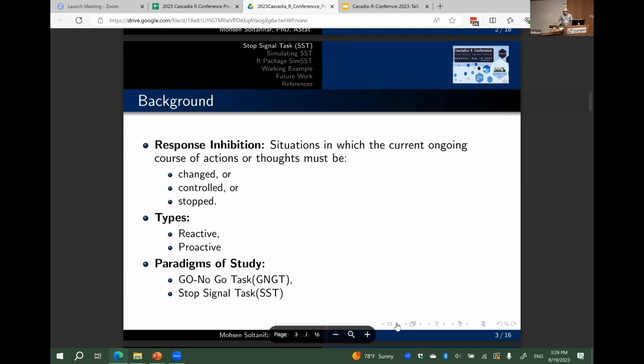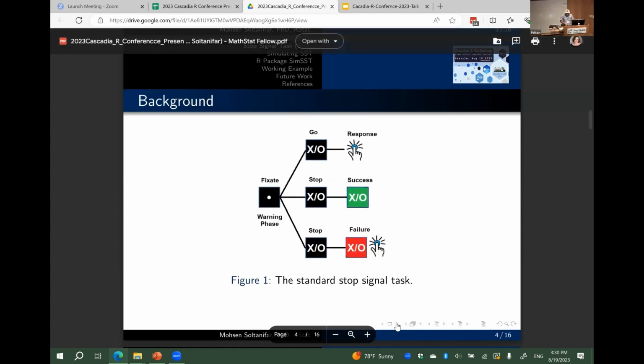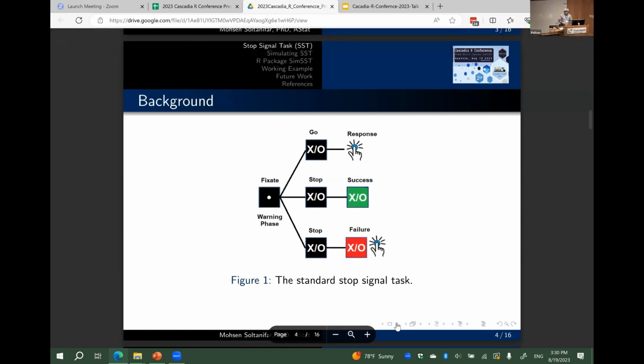There are several paradigms from the 1950s proposed to study this, and the two main ones are the go, no-go task and the stop signal task. A stop signal task is the advanced version of the go, no-go task. So you sit in front of the computer, and after fixation, you see an X or O. If it's X, you are supposed to press the X button on your gamepad.